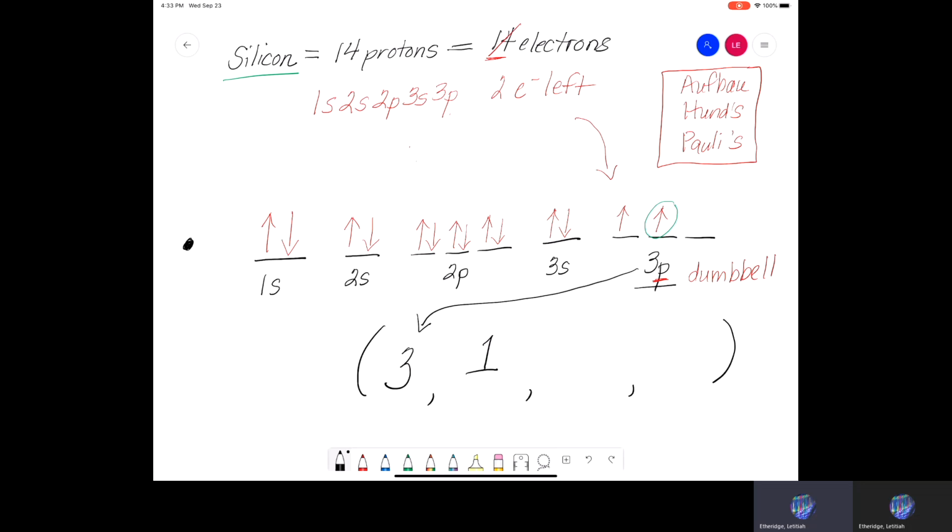The next one is going to be the position in that p orbital. So if you remember when I was telling you about the p orbital, there are 3 different p orbitals. We have px, we have py, and we have pz. And each of them has a number that's associated with them. The middle orbital is always going to be 0, and then you're going to put the numbers from there.